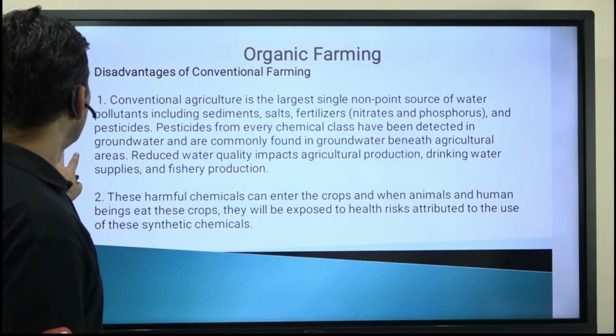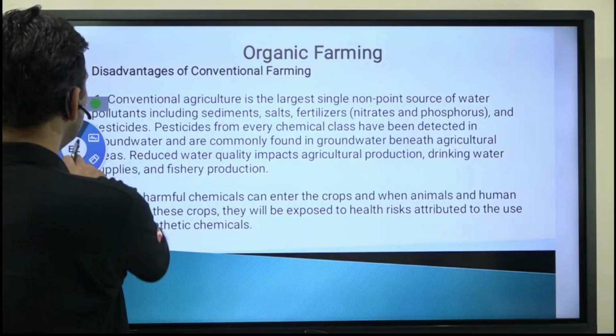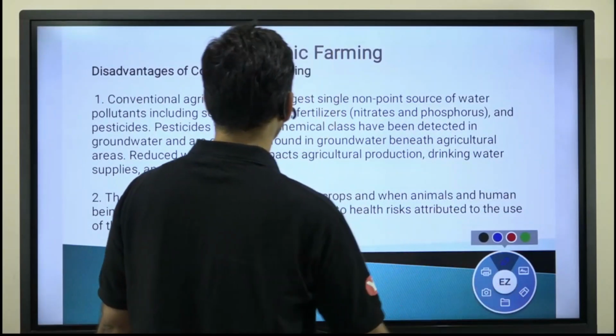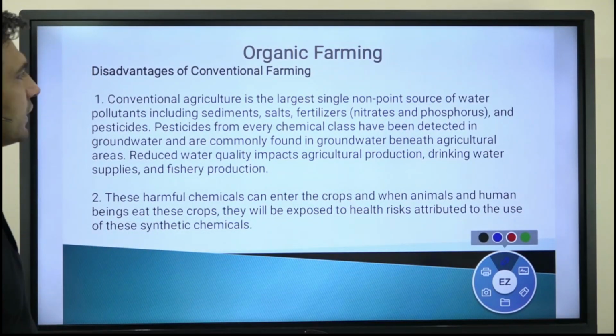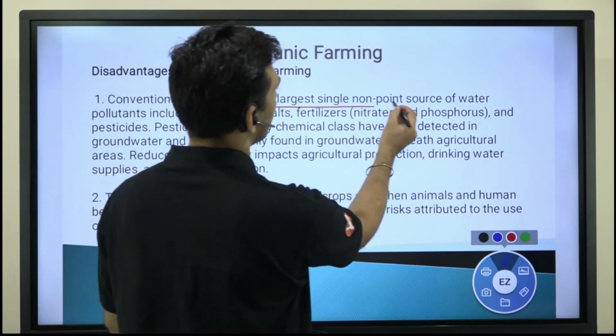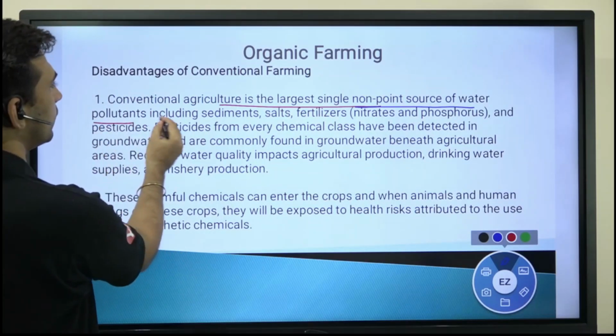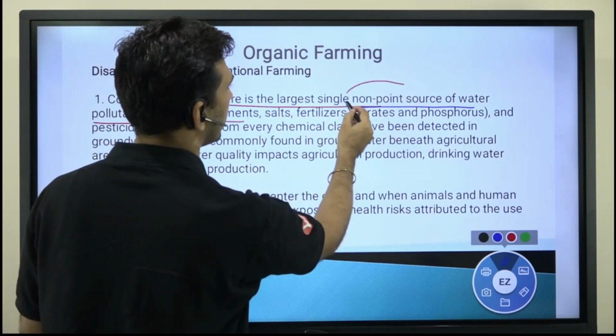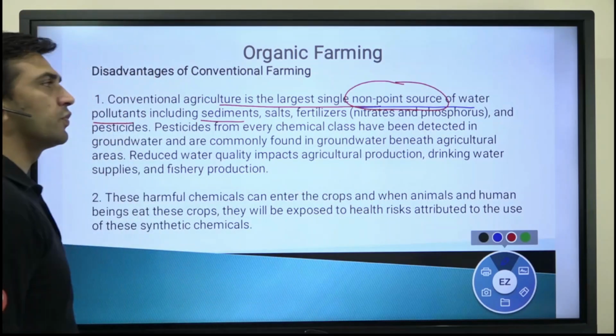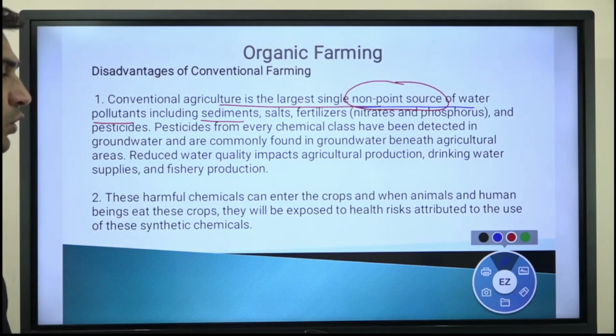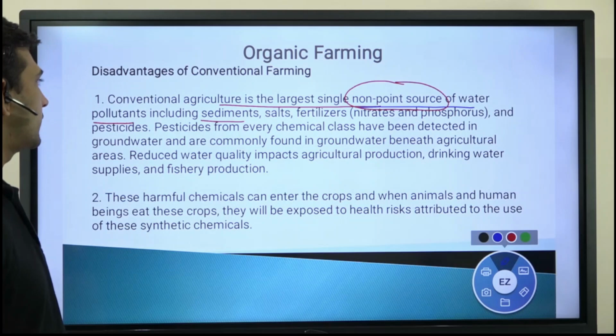So just have a look over here. Conventional agriculture is the largest single non-point source of water pollutants, including sediments. Non-point we already know, because whatever runoff goes from the agriculture field is a non-point source. You cannot point out where the waste came from.